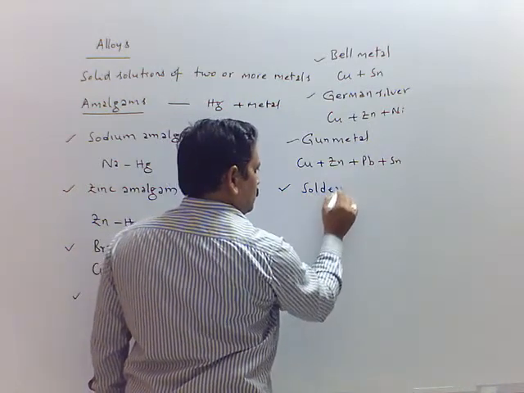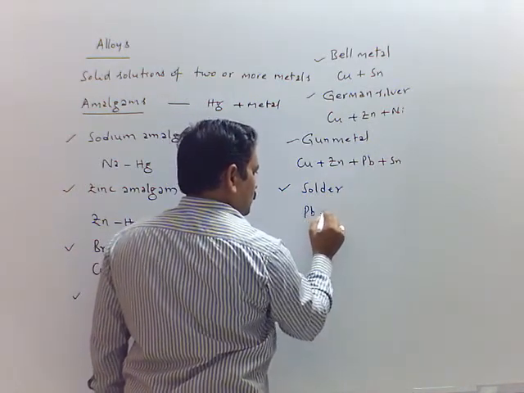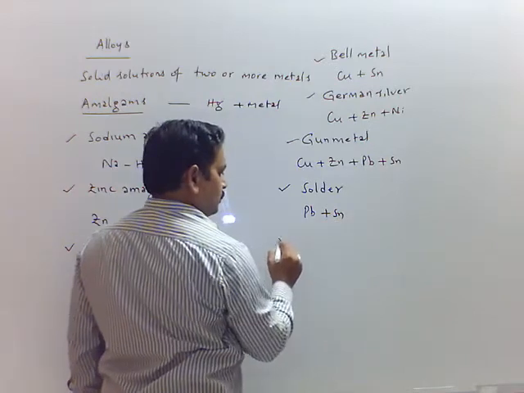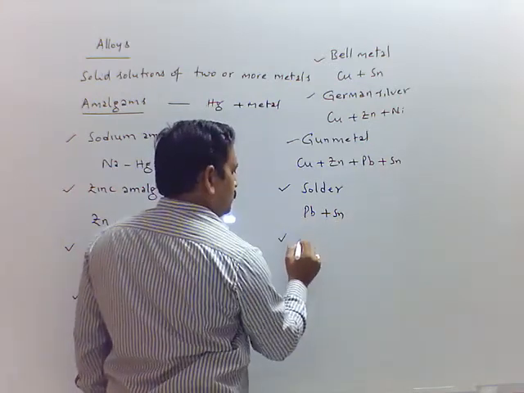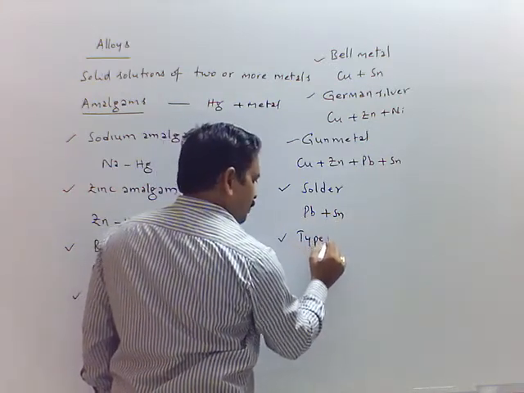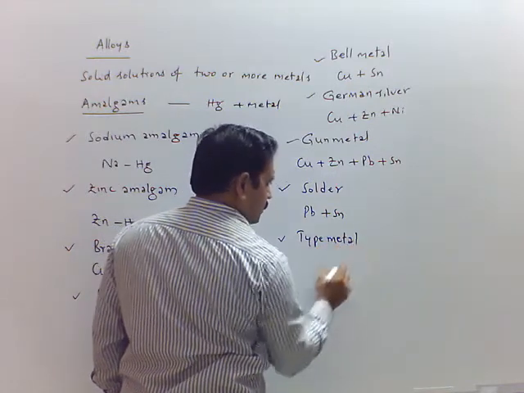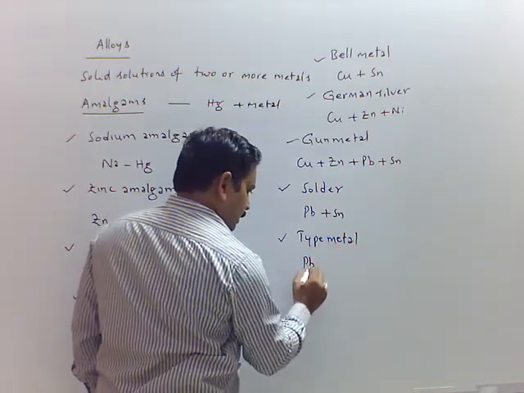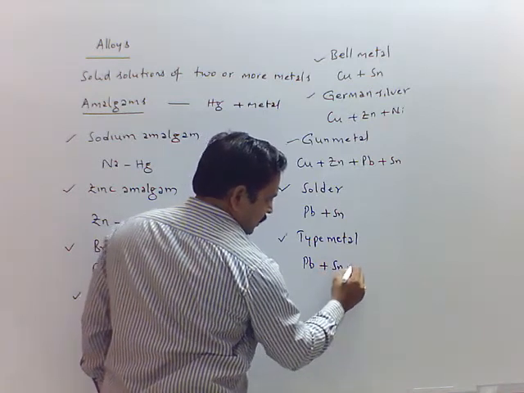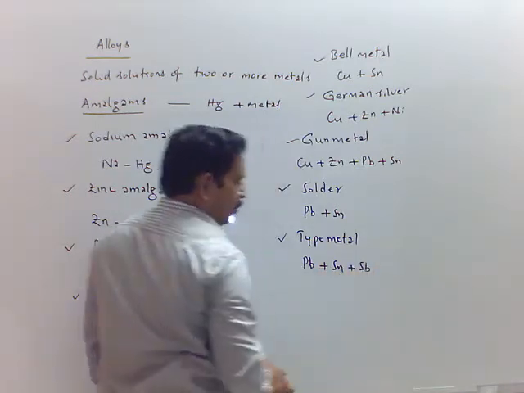Solder: lead and tin. Type metal: lead, tin and antimony.